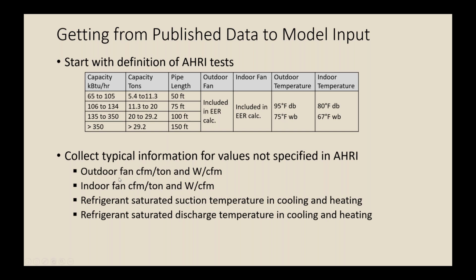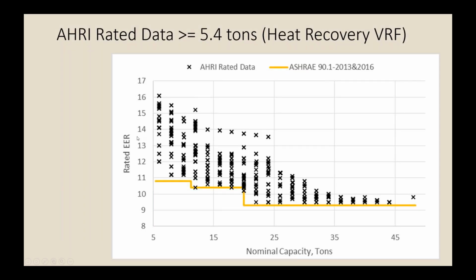So there's the outdoor fan airflow and power, and indoor fan airflow and power, and the refrigerant saturated suction temperature in cooling and heating, and saturated discharge temperature in cooling and heating. So we ultimately need to know those numbers in order to define what the efficiency relates to in the model.